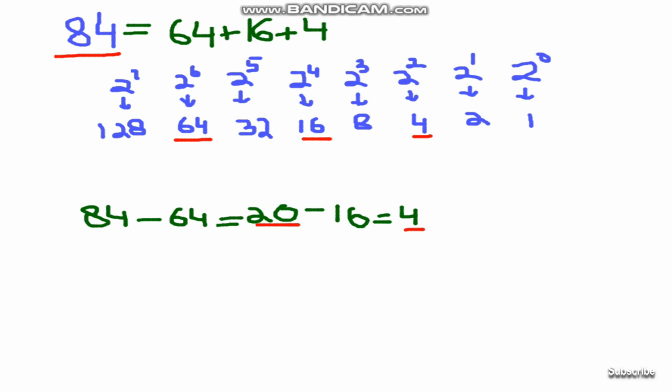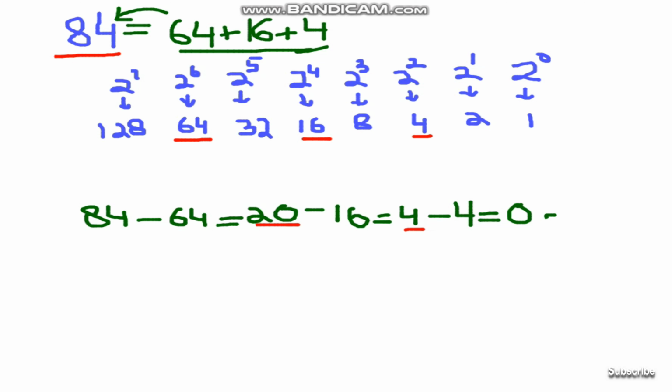Now 4 minus 4 is equal to 0. It means we have to stop our procedure of finding the numbers here, and we'll add these numbers. If the sum of these numbers is equal to 84, it means that we have found the correct numbers. So 64 plus 16 plus 4, yes, it is equal to 84.